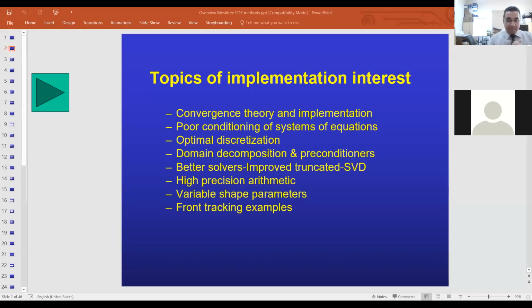Where are we? Sometimes we experience some internet connection problems. So we are back. Yes, I also have problems with internet connections sometimes too. All right.